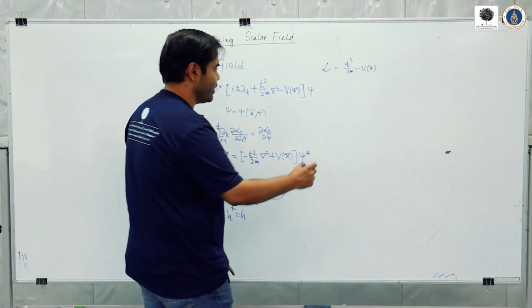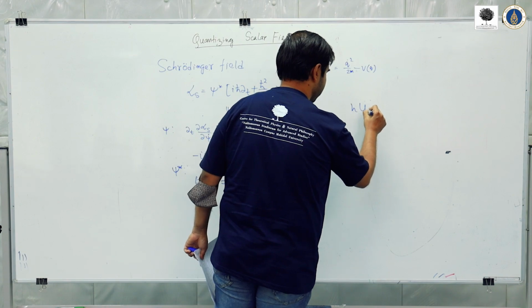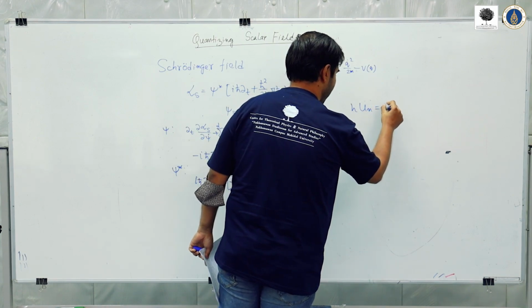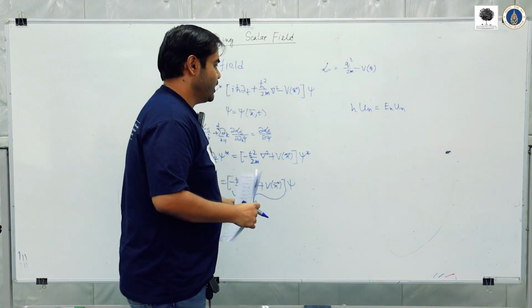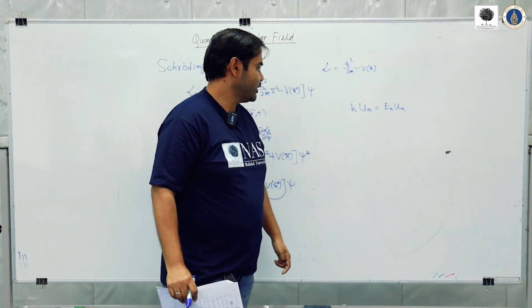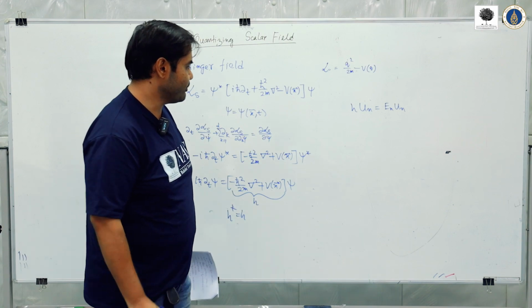So, the eigenfunctions, if I define them like this with En being the eigenvalues, these un form a complete set.